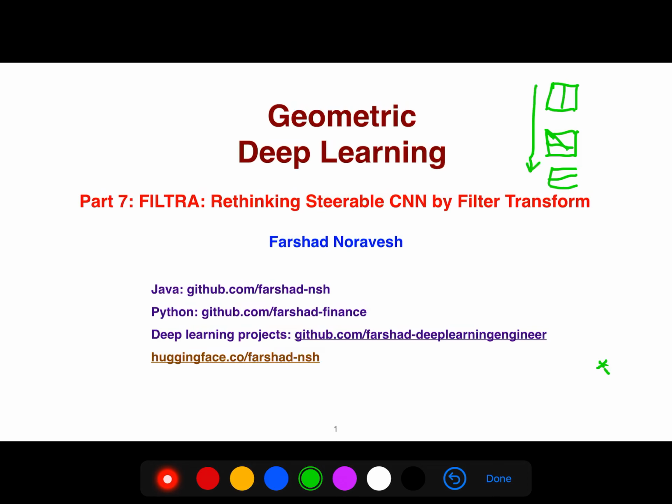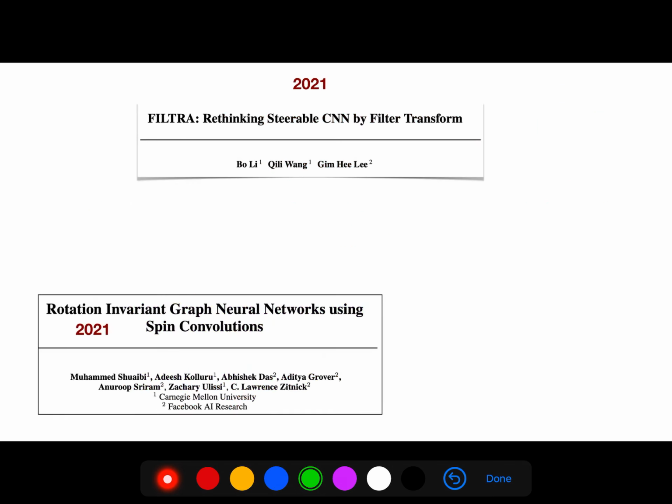But if you design your filter in such a way that it has some symmetric properties, like a star, then you save many filters, and it has even better expressive power. You can think of these filters as bases, like bases of Fourier transform. So this paper in 2021 is very important.